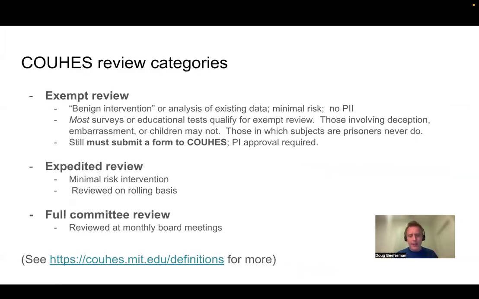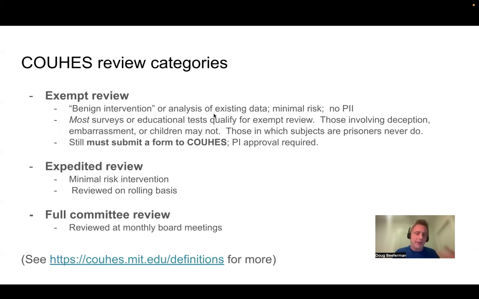When you submit an application, a protocol for review in COUHES, there are a few different categories. If it's a benign intervention, it could be an analysis of existing data or something where there's no personally identifiable information, that's PII, or otherwise minimal risk, like most surveys fall into this category. Then you can file for exempt review.